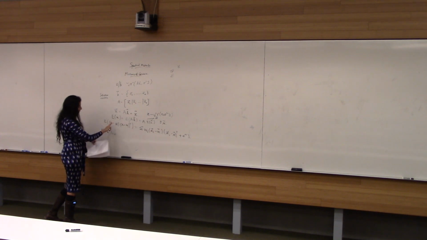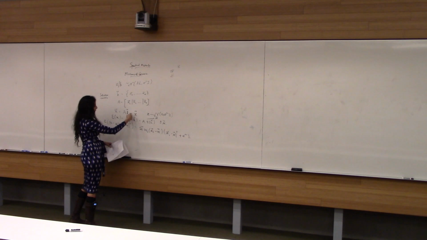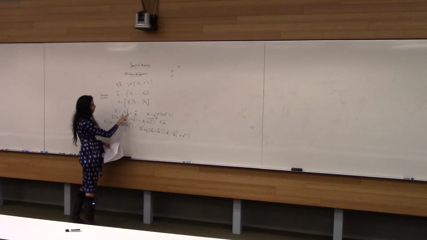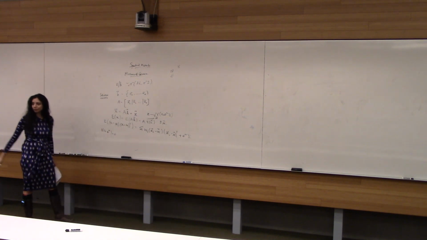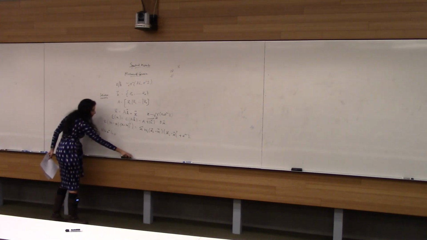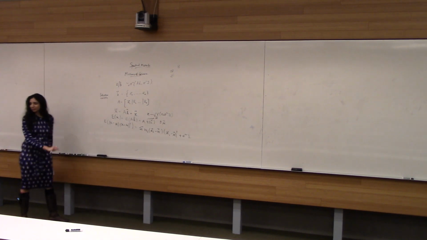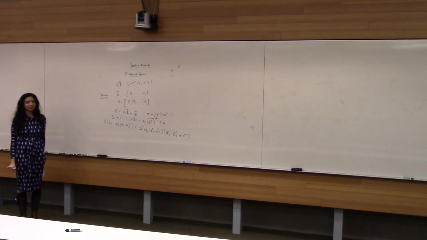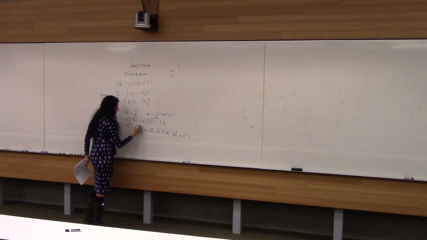There's also the term that looks at shifting: you have x minus mu transpose, and then zz transpose, which is sigma square I. So this is 1 through k.